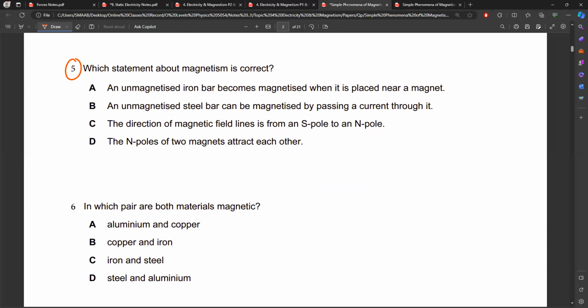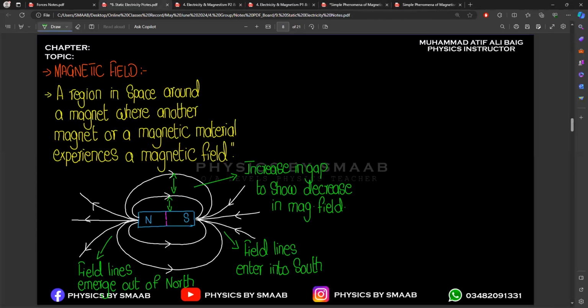So they are asking which statement about magnetism is correct. You mentioned an unmagnetized steel bar can be magnetized by passing a current through it, right? Basically, we discussed this concept in the notes.